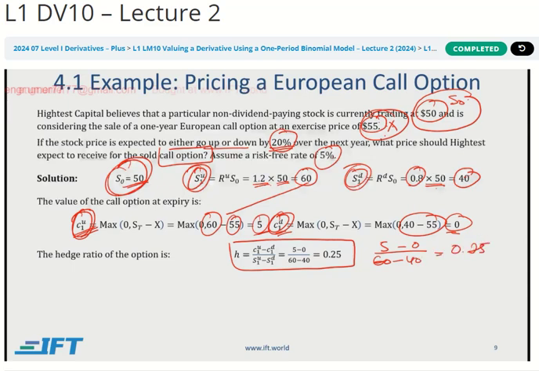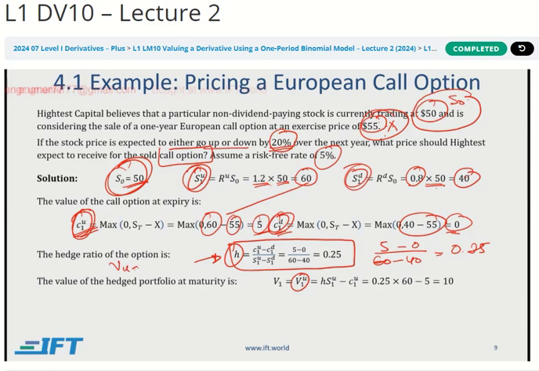Now next we need to calculate the value today, and then based on that we're going to calculate the option value. So first, to calculate the value today, we either need to calculate the value of up or the value of down and then discount it back, right? So you can either calculate the value of up or the value of down. They will both be the same because this hedge ratio is calculated by making the value of up equal to the value of down, right?